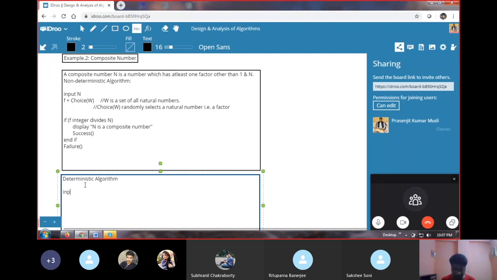Input n, and then for i equal to 2 to n minus 1, it's a greedy approach.